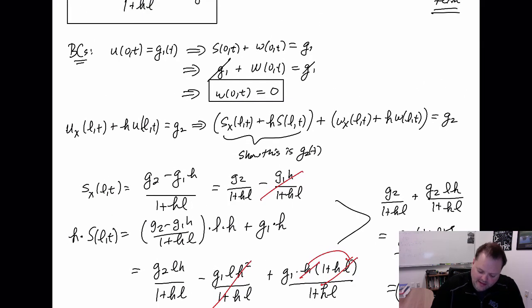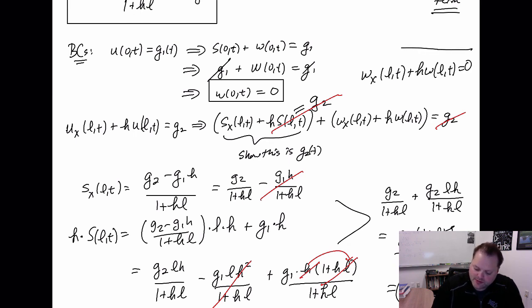So you do in fact get this thing to be g2, which means that it cancels with the right-hand side, which leaves you the other boundary condition being homogenized as well. And so that term is now 0 also.